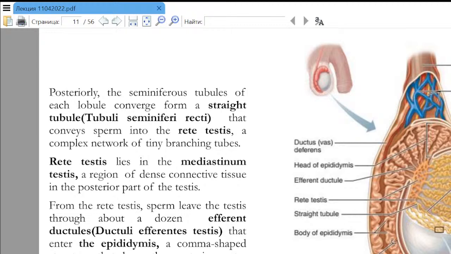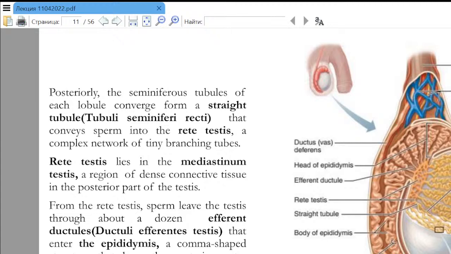Posteriorly, the seminiferous tubules of each lobule converge to form a straight tubule, tubuli seminiferi recti, that conveys sperm into the rete testis, a complex network of tiny branching channels. The rete testis lies in the mediastinum testis, a region of denser connective tissue in the posterior part of the testis.